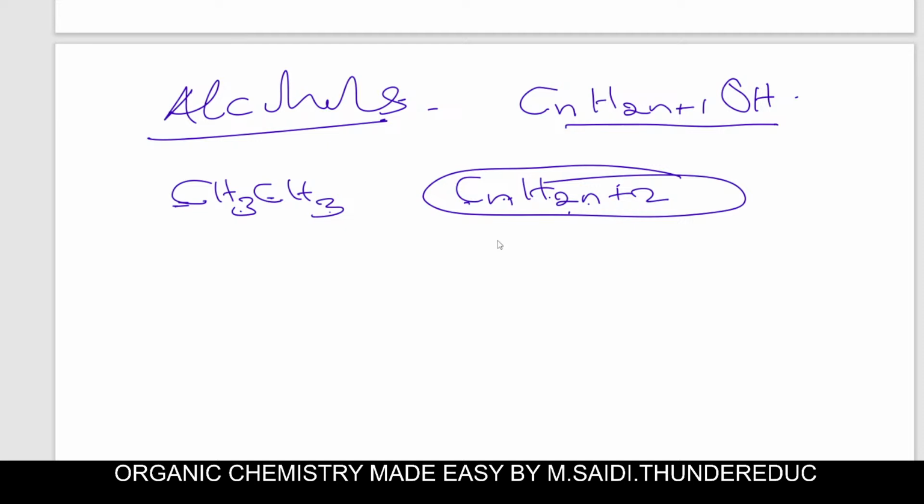However abstract chemistry is, you need to have the love and to know where this came from. That's why I'm here, M.SAIDI. All right, let me show you how the alcohol came from the alkane and hence the general formula. I don't need to cram these things. You just need to understand.